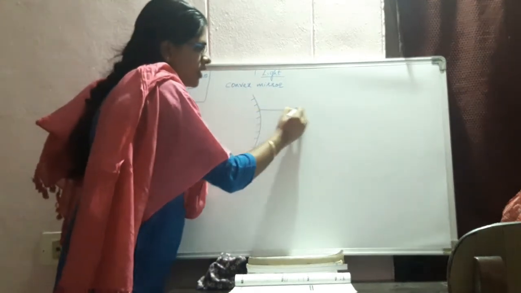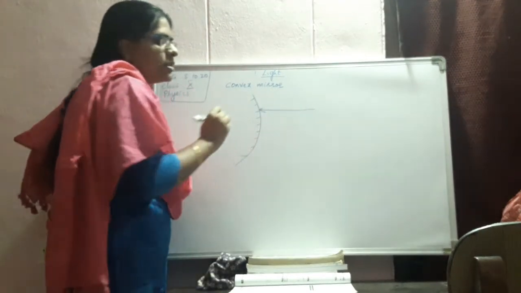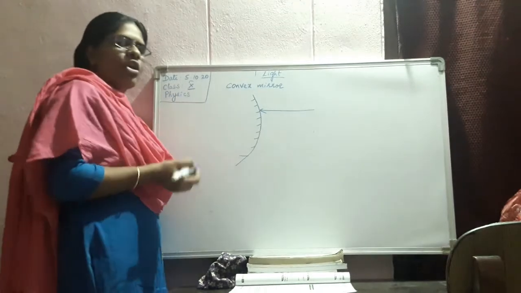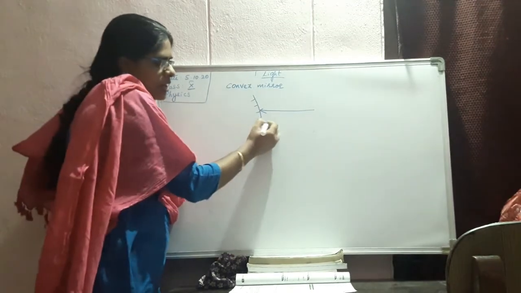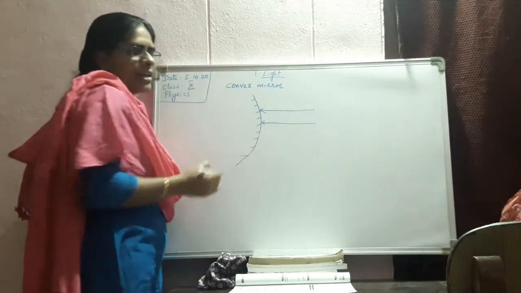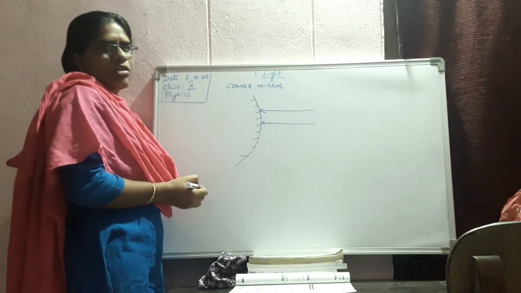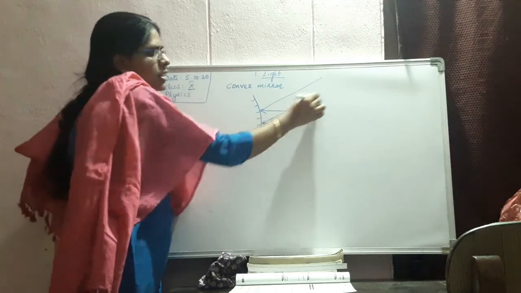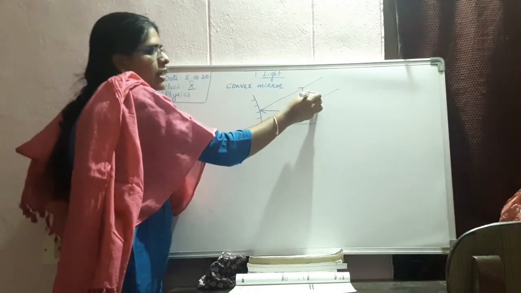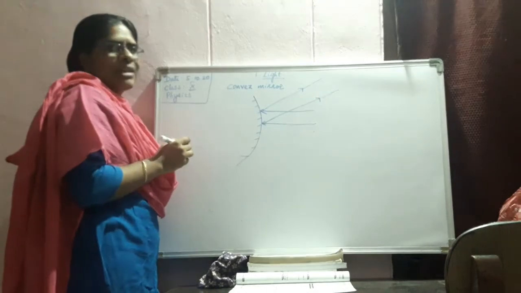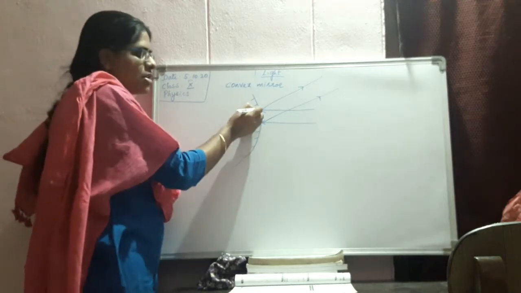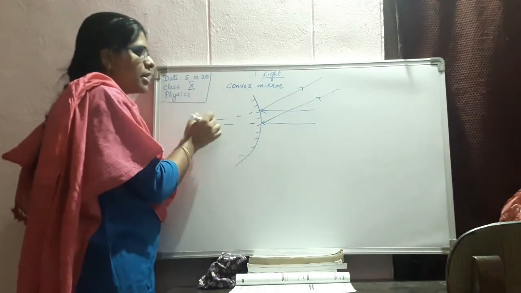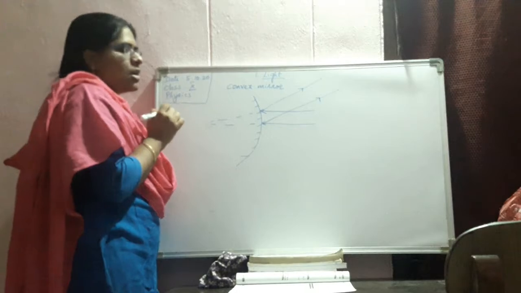Now, if rays are incident on the convex mirror, let us say a parallel beam of rays incident on the convex mirror, these rays get reflected. Now how do we get the image? We extend the rays backwards.